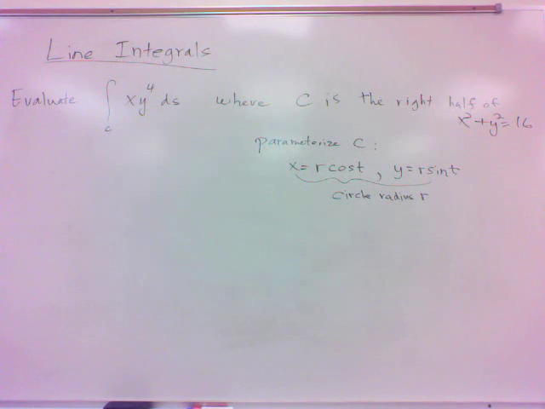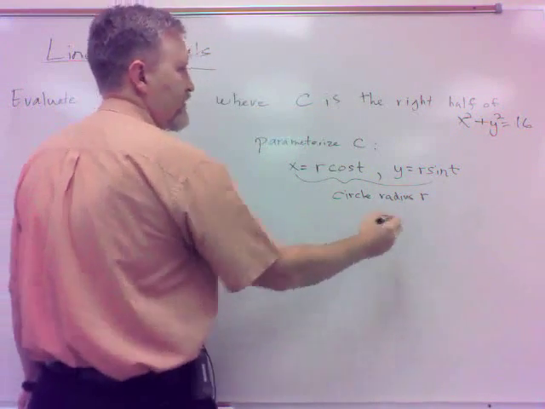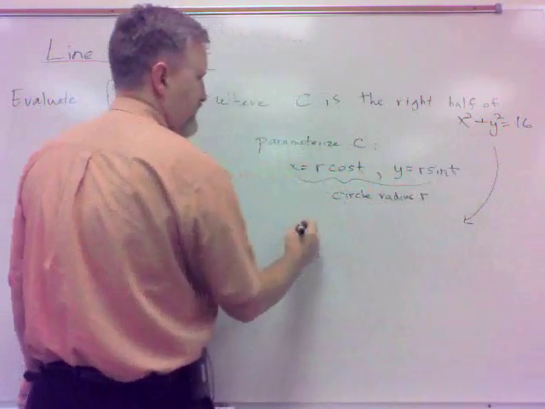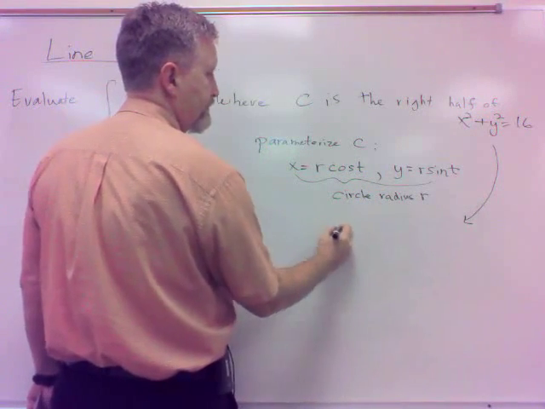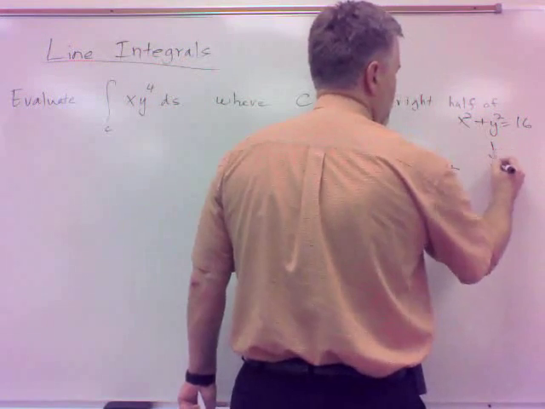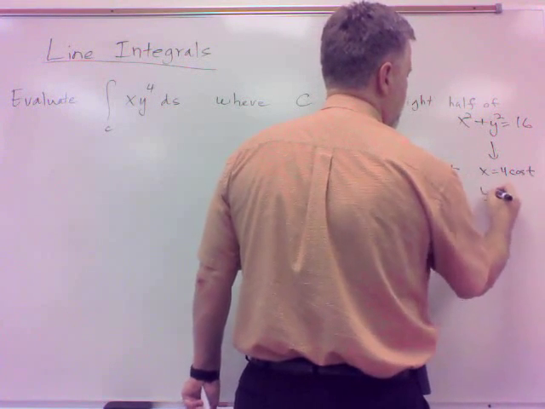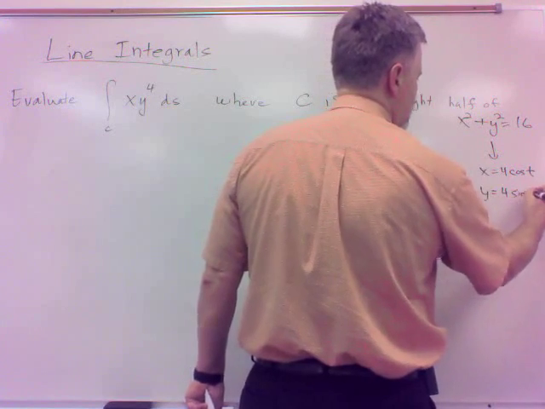Lots of different connections there, but in this case we've got radius 4, and so our parameterization would be x equals 4 cosine t, y equals 4 sine t.